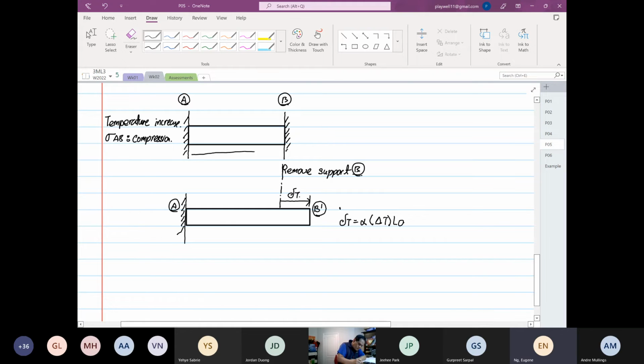So this is our original length. In reality, point A and point B will not change in dimension. It's fixed down there. We are doing it because we want to determine the stresses.